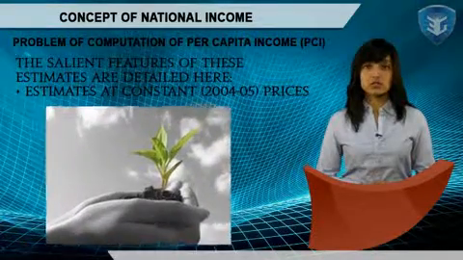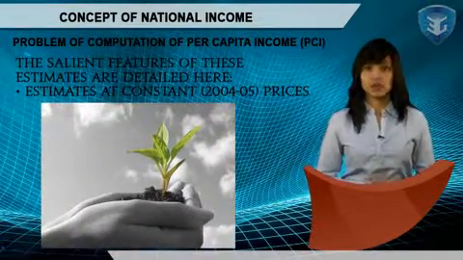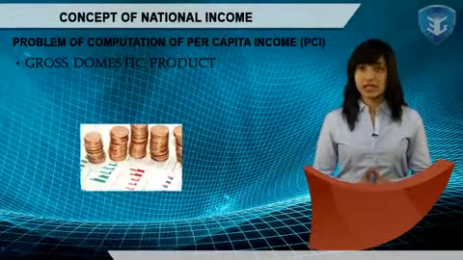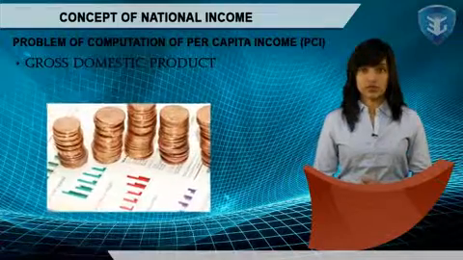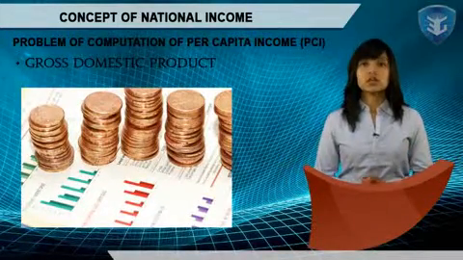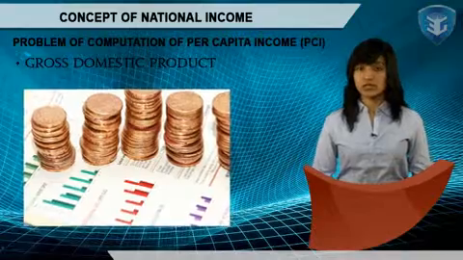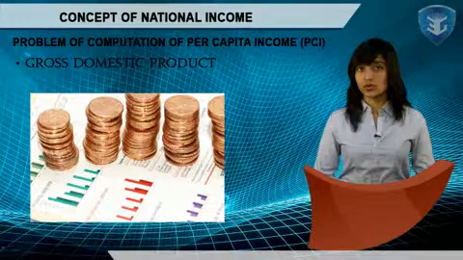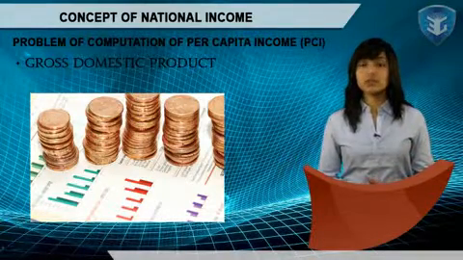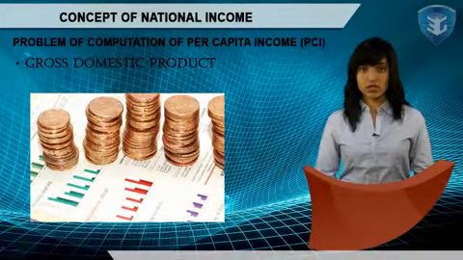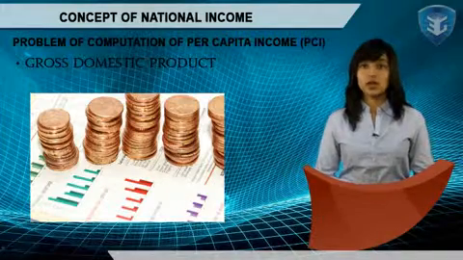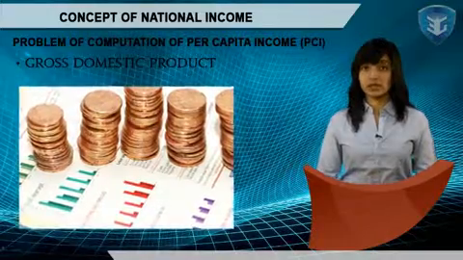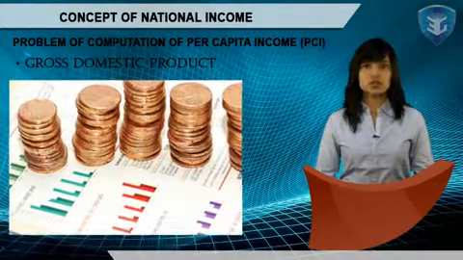Estimates at constant 2004-2005 prices. Gross domestic product, GDP, at factor cost at constant 2004-2005 prices in the year 2012-2013 is likely to attain a level of 27,51,738 billion, as against the first revised estimate of GDP for the year 2011-2012 of 26,21,791 billion released on 31st January 2013.